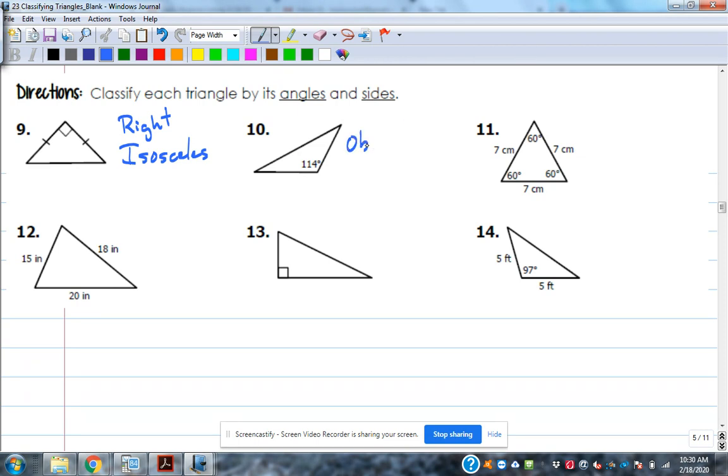Obtuse scalene is right. Good job. Because we don't have any marks that tell us the angles are the same or the sides are the same there. Equiangular, equilateral.